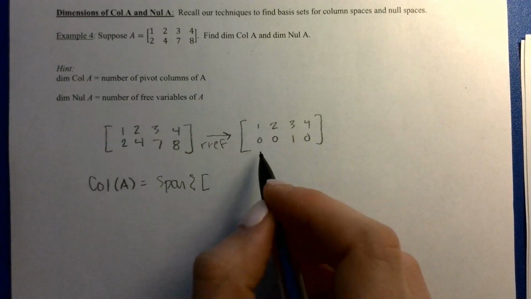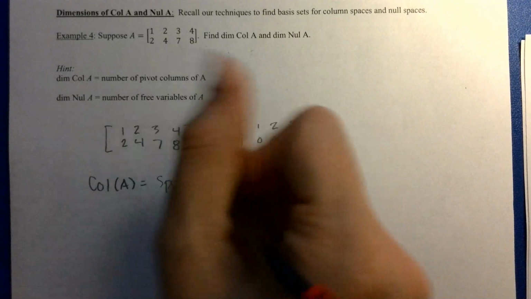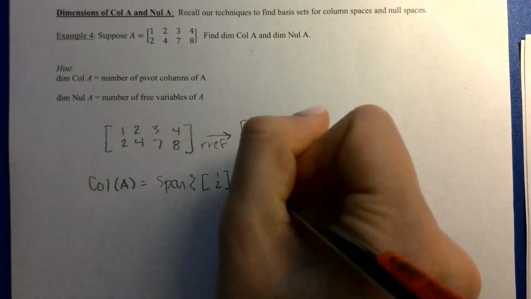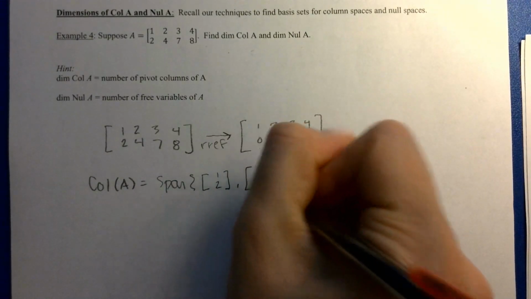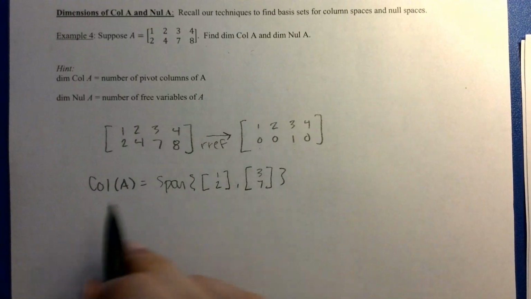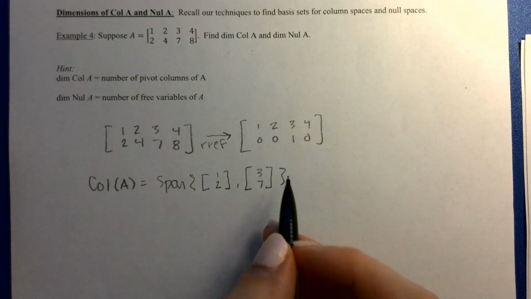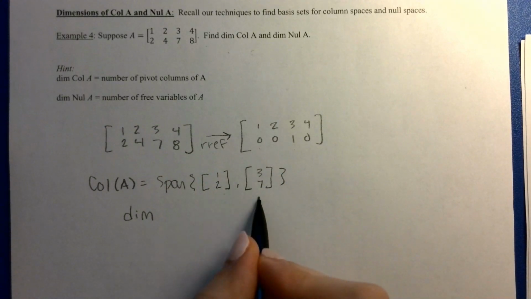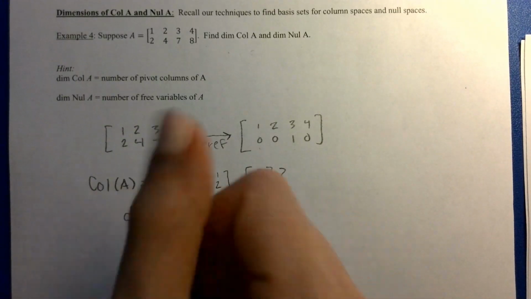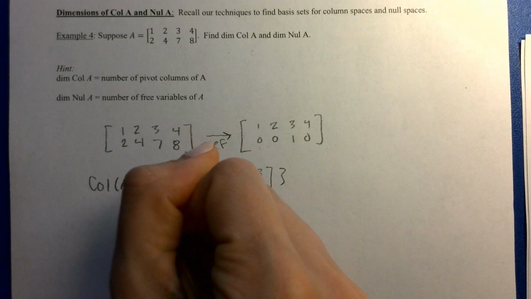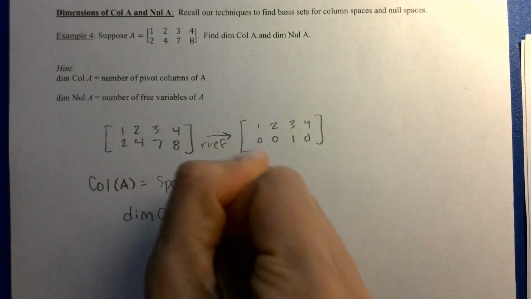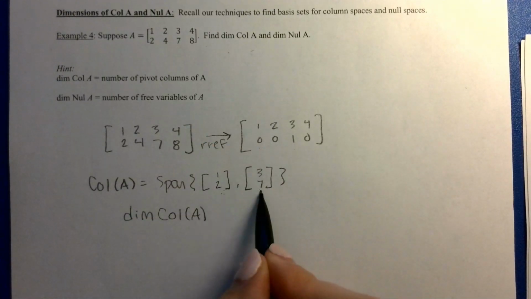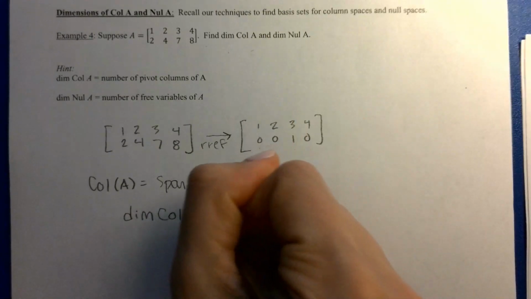So the linearly independent vectors were vector 1 and vector 3, so original vector 1 and original vector 3. This is a description of the whole column space. So that means, since these are linearly independent, the dimension of my column space, because this forms a basis for my column space, is 2.